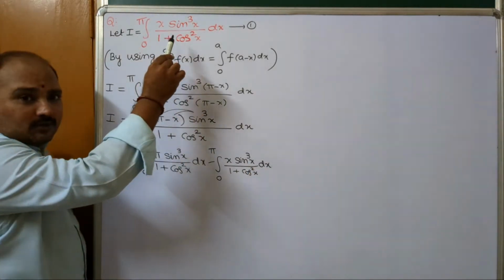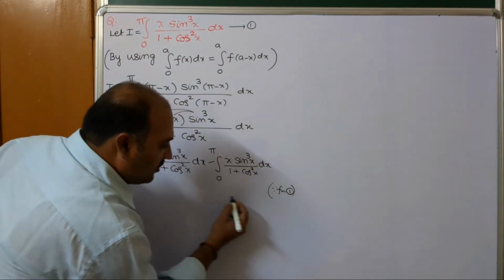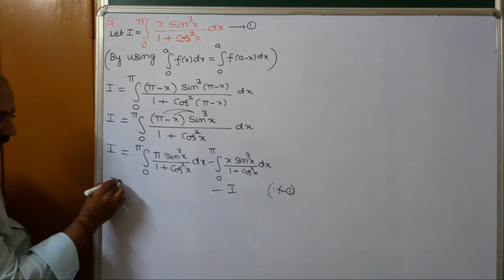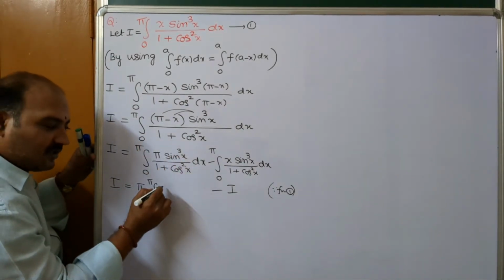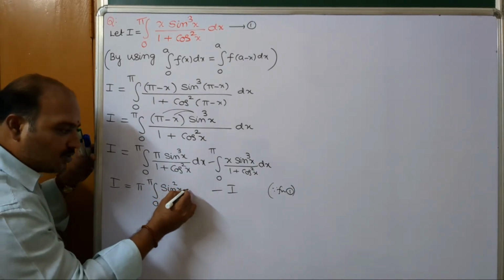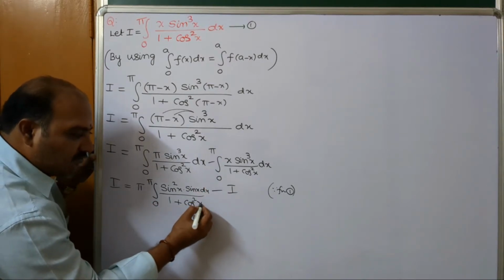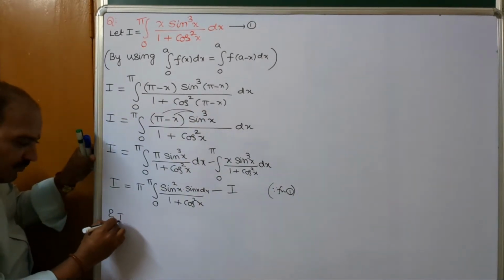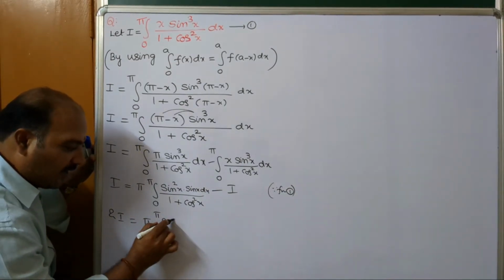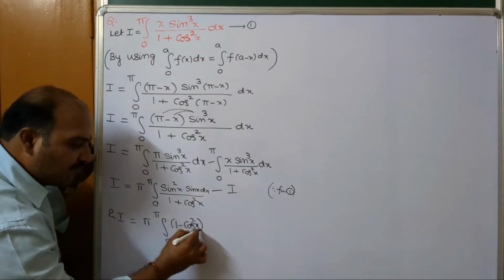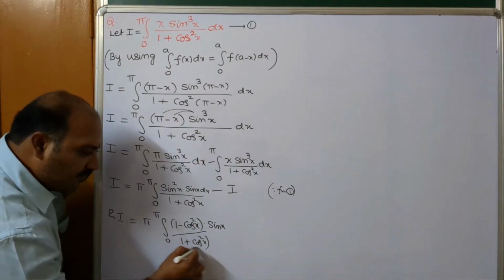From equation 1, this second integral value goes to be I. Since from equation 1 minus I, so I equal to pi, we can bring outside of the integral 0 to pi, sine cube x, which we can write as sine square x into sin x into dx by 1 plus cos square x, minus I. Bring this side, 2I is equal to pi into integral 0 to pi, sin square x also can be written as 1 minus cos square x, into sin x divided by 1 plus cos square x into dx.